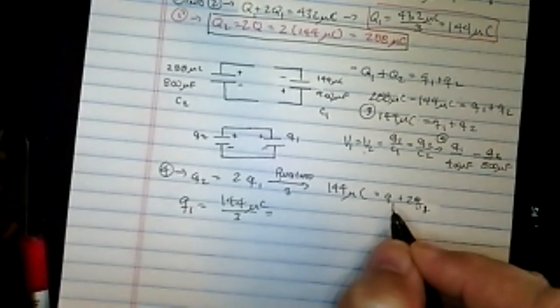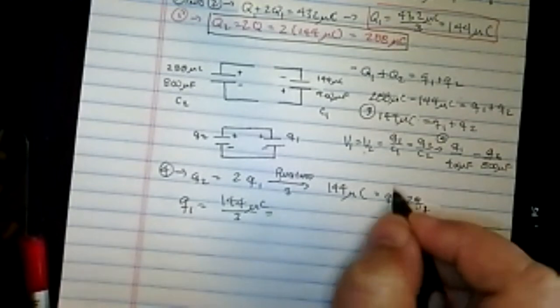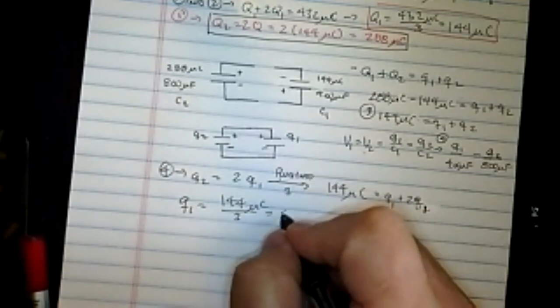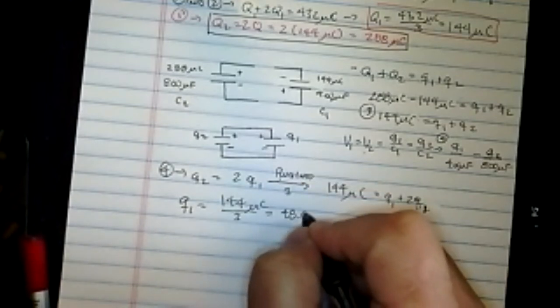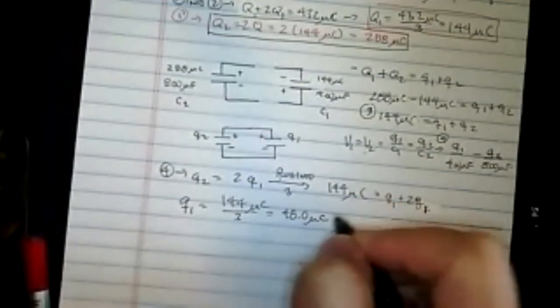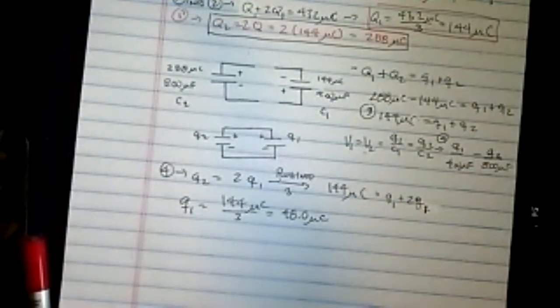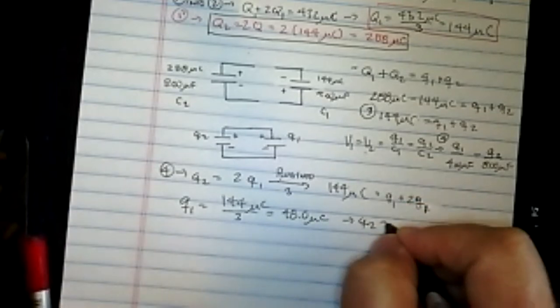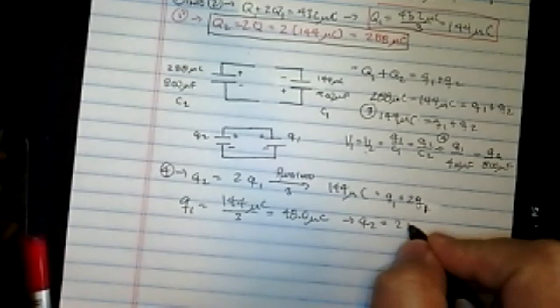3 goes into 120 40 times. That leaves 24 left over. That's 8. So that's going to be 48.0 microcoulombs. I'll check my math. 144 divided by 3 is 48. That's good. And then, of course, Q2 is equal to 2Q1.